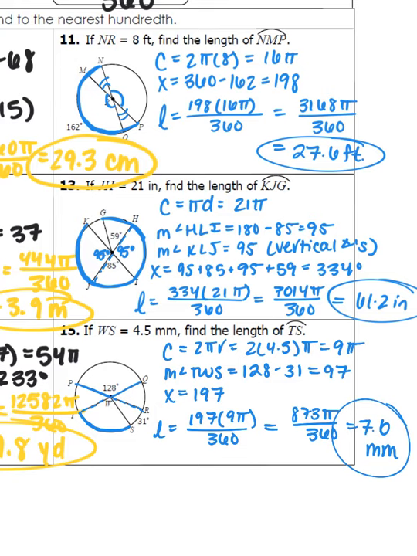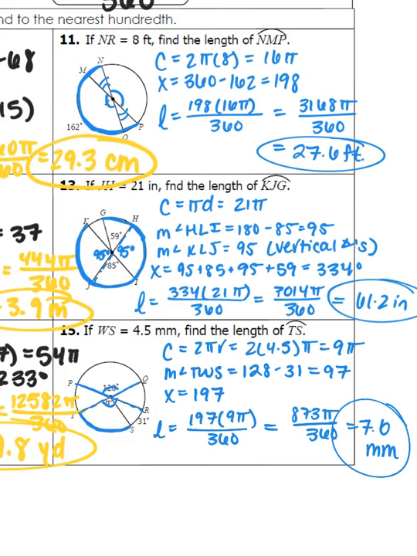Plug in. And then number 15, again, a little bit trickier, but I noticed that we had vertical angles at PWQ and TWR. We already had part of TWR, it was 31, so to find the other part, which was TWS, which is what we actually needed, we could do 128 minus 31. That gave us that measure of 97.